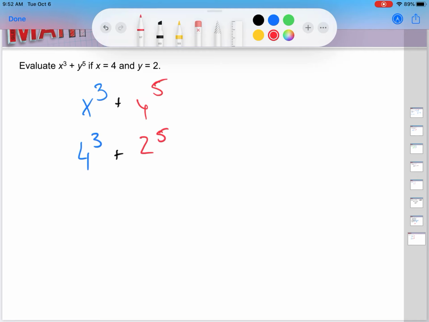So in my calculator, I'm going to say 4 to the 3rd power using that caret button, and I'm left with 64 plus 2 to the 5th power, once again using the caret button, and I get 32. And if I add these together, which I can do in my calculator or I can do in my head, I get 96.